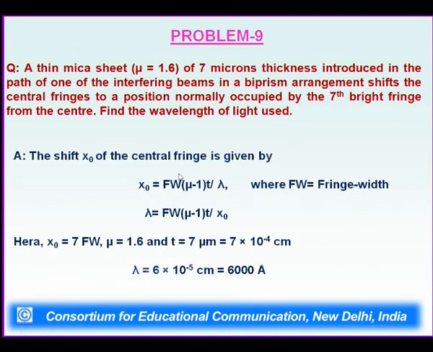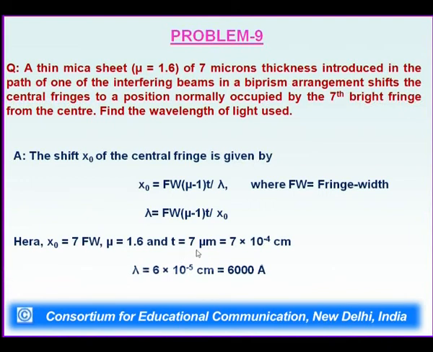The same formula. In this case, we take lambda this side, because we are calculating lambda, and we put all the values here. X naught is equal to 7 fringe widths, and mu is equal to 1.6, the refractive index of the mica sheet.